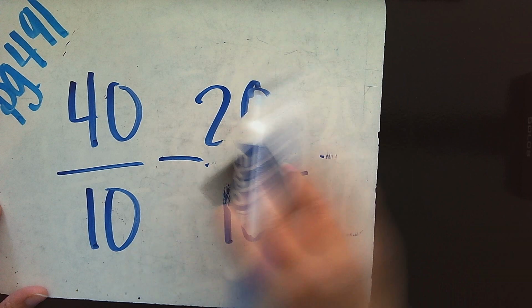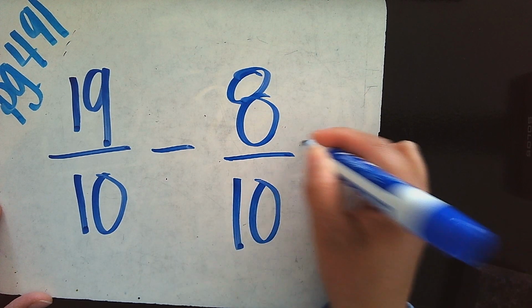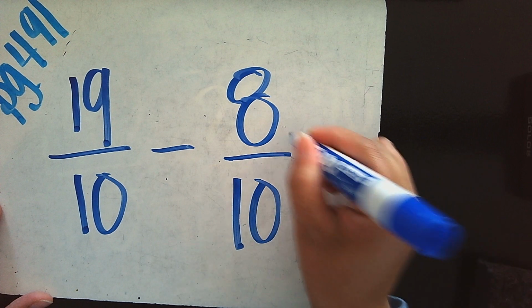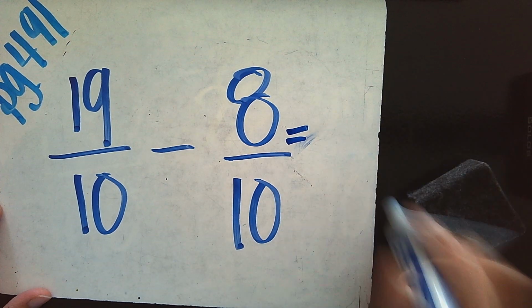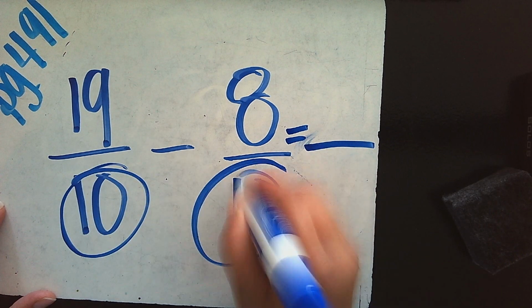So I will do one more example for you guys. Then we have 19 over 10 minus 8 over 10 equals, what's the first thing that I should do first? Again, we're subtracting with like denominators, so that means my denominators are the same.